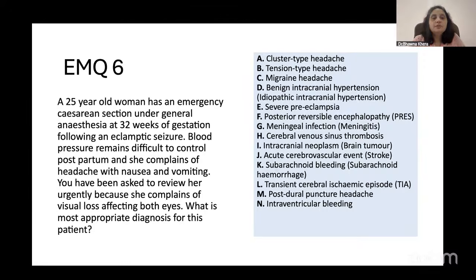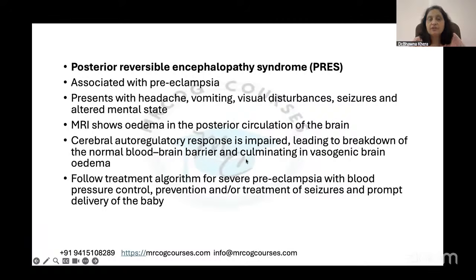No. So see what points towards PRES: there is preeclampsia associated with it, blood pressure is difficult to control, and she complains of nausea and vomiting. So that all goes in favor of PRES. PRES is associated with preeclampsia.